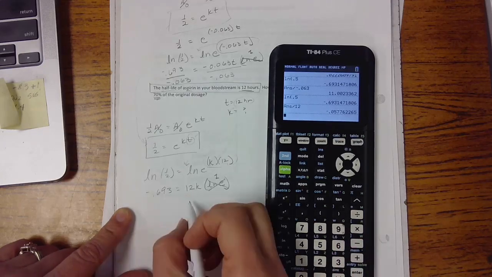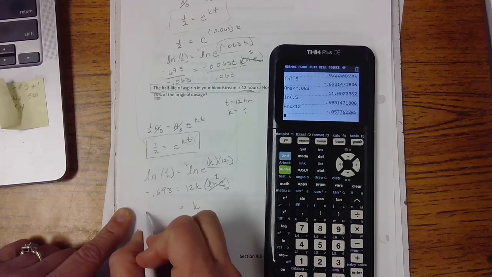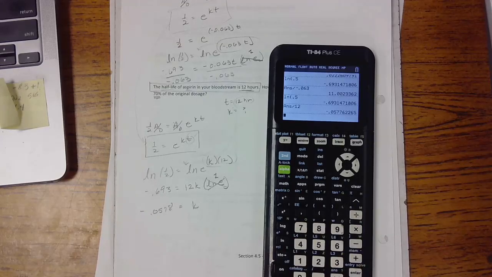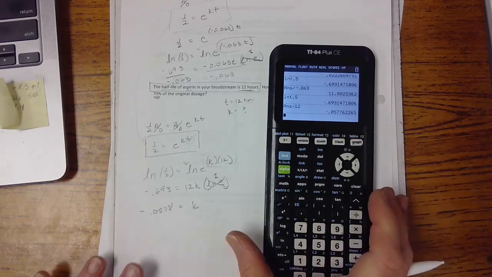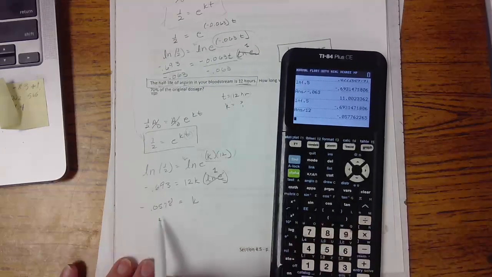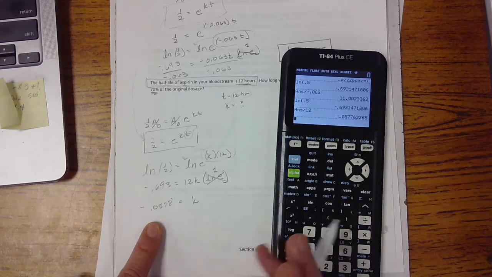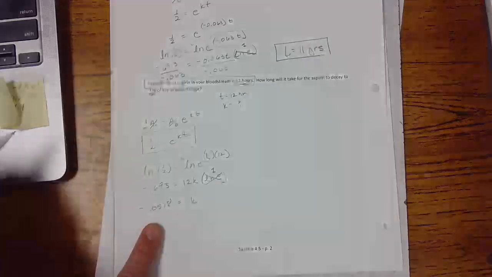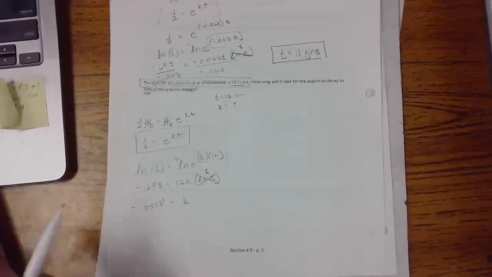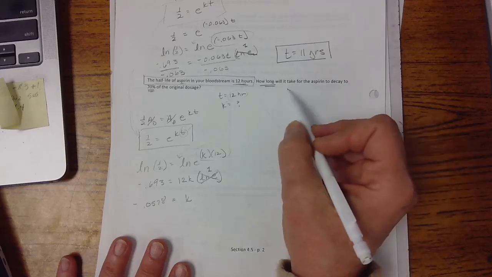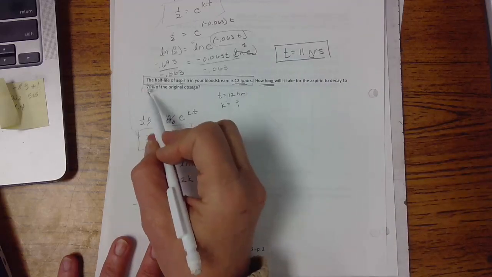So k is going to equal negative 0.0578. Since k is negative, we know we're finding a decay. But what they really ask us is how long will it take, so in other words, you have a new time for the aspirin to decay to 70% of its original dosage.